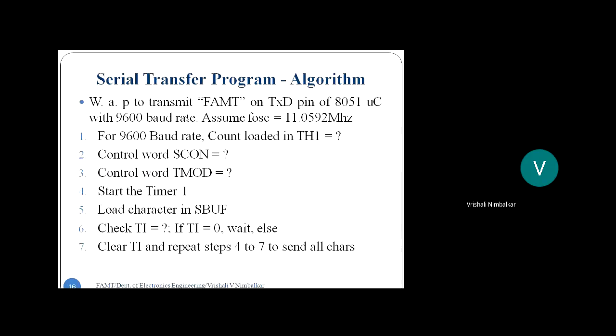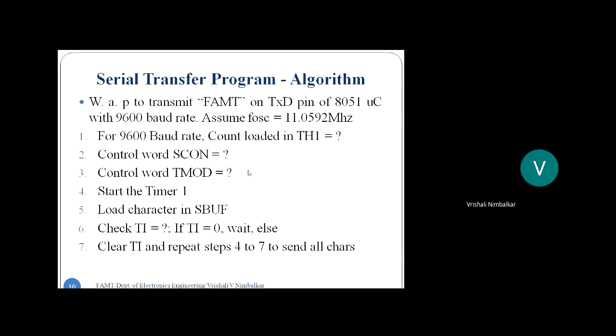We have the baud rate formula, so with the available baud rate, we need to do those count calculations. With this basic knowledge, we will see how to write a program to transmit data serially and how to write a program to receive data serially using the 8051 microcontroller TXD and RXD pins.